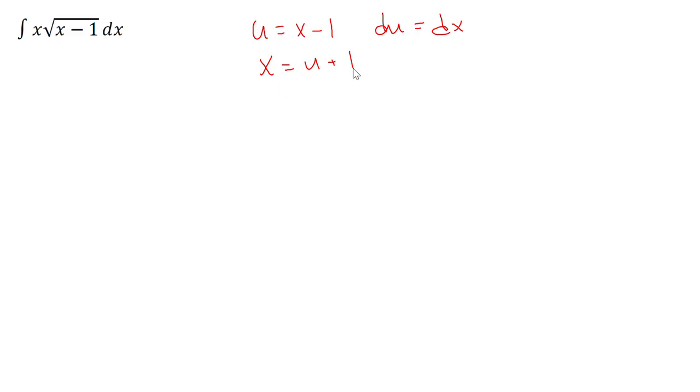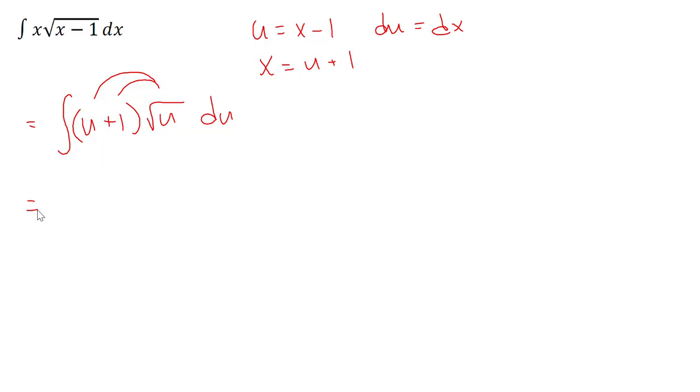And what this does is it allows us to rewrite this so that we have u plus 1 times root u du. And now I can distribute this square root of u into these two terms, whereas before I couldn't distribute that x into the inside of that square root. So this is going to allow us to do this distributing.